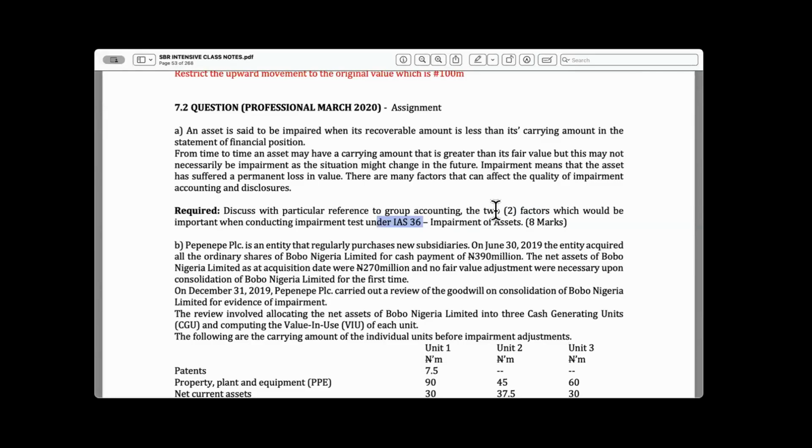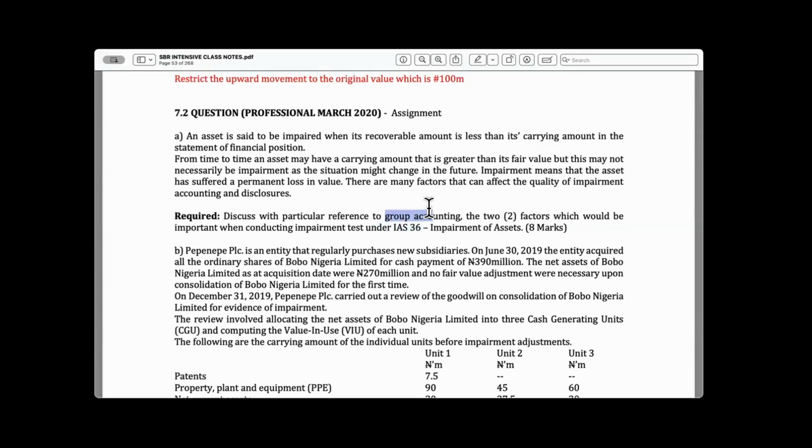So all you need to explain when you're explaining carrying amount is to talk about, because they say make particular reference to group account. So when you want to get the carrying amount of a group, it will be the cost minus accumulated depreciation minus accumulated impairment losses of the parent and the subsidiary. So you are probably going to be consolidating the two to get their carrying amount, right?